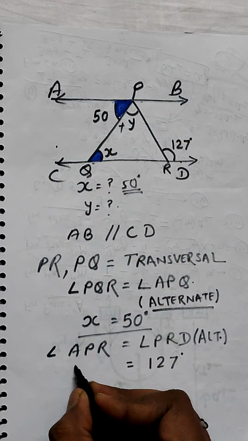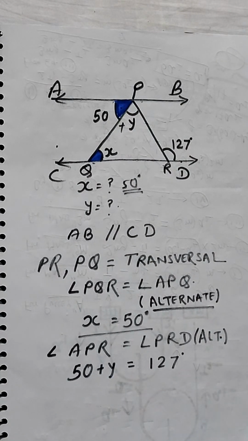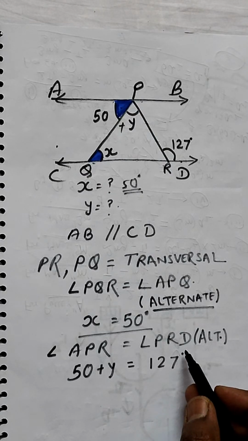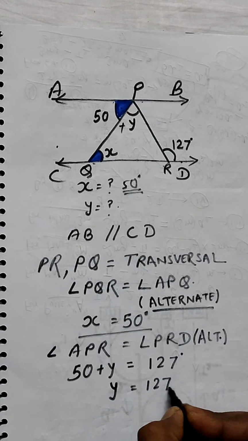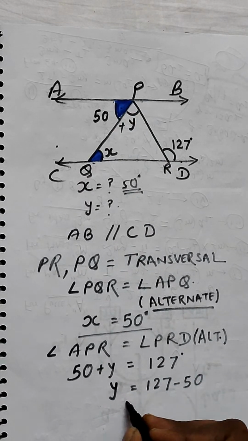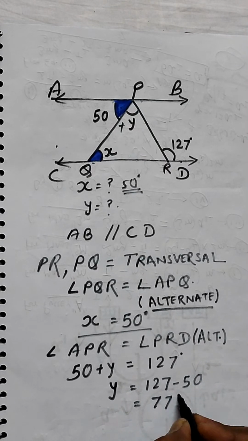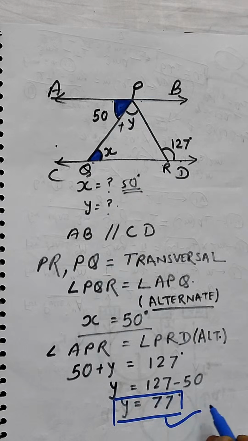So 50 plus y will be equal to angle PRD, and y is calculated as 127 minus 50, that will be equal to 77 degree. So y is equal to 77 degree is our answer.